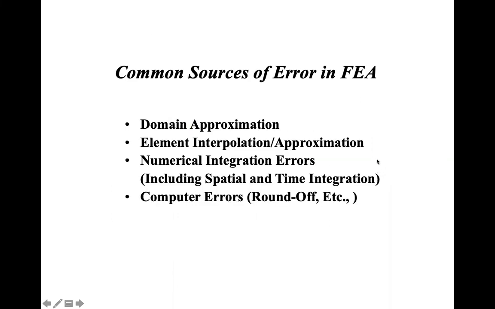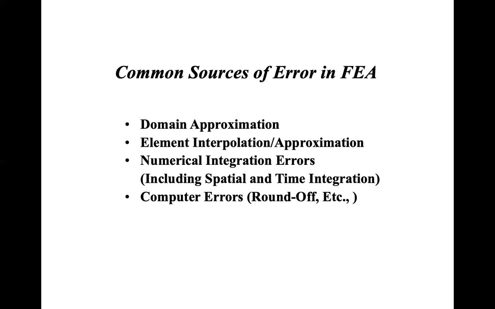Now, we are not finding the exact solution, right? We are approximating, so there will be errors. And where might the errors come from? We have different steps, and in each step there may be some error. While considering the domain itself, we may have some approximation.